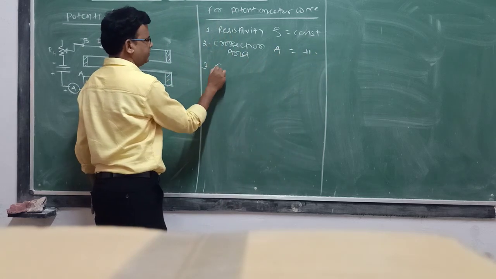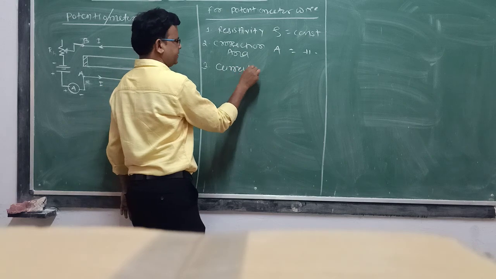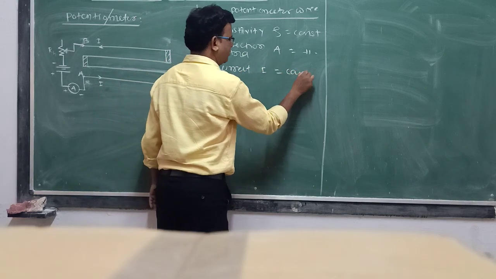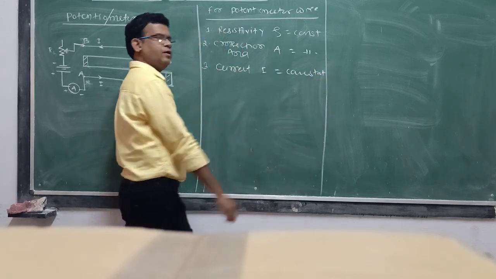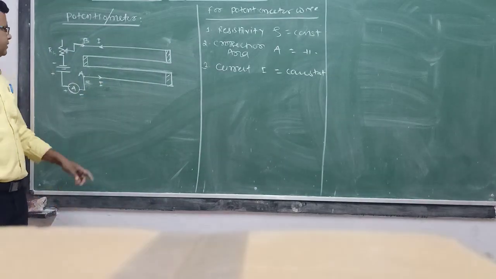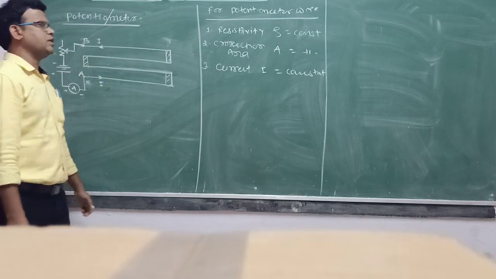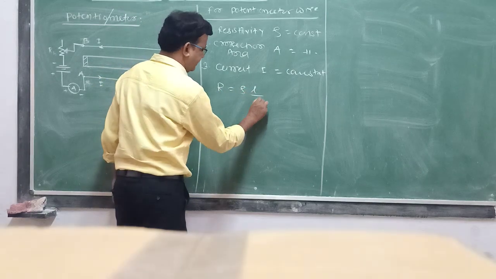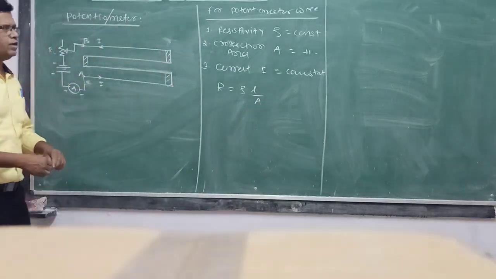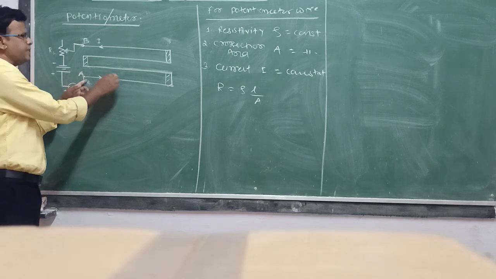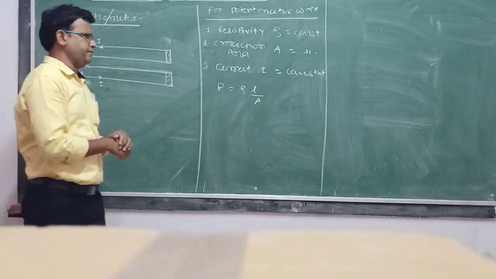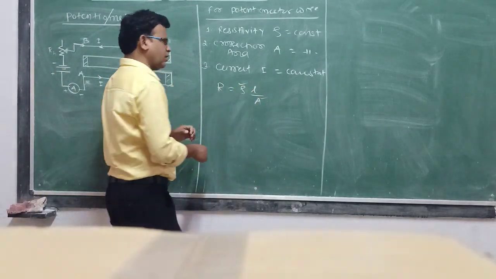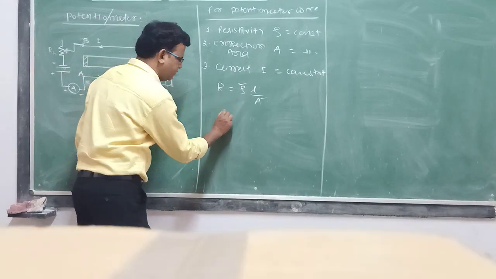And third, the current I passing is also constant. Now, if you go for calculation of the resistance of any part, we have the formula R equals rho L by A. From this formula, for any part of this potentiometer wire, rho and A are constant. So as a result we can say what?